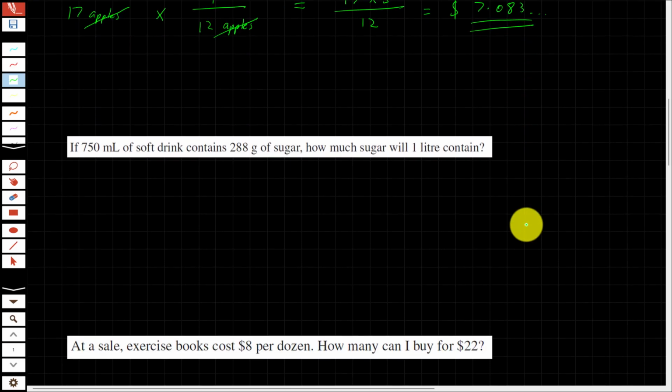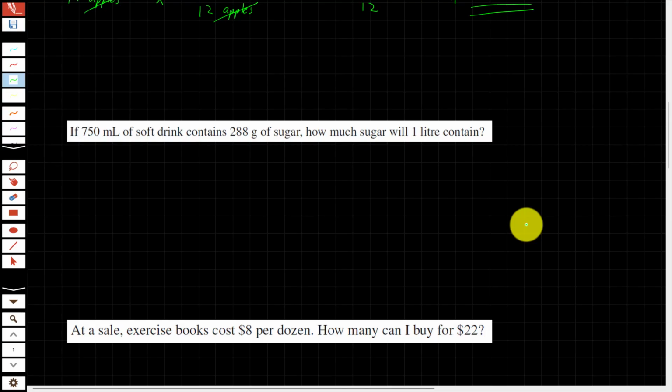Here we have another rate problem, 750 ml with 288 grams of sugar. That is the rate, and we need to know how much sugar will be in 1 litre. So we need to get the units aligned here. So 750 ml, we'll keep it in ml. We know that 1 litre is 1,000 millilitres.